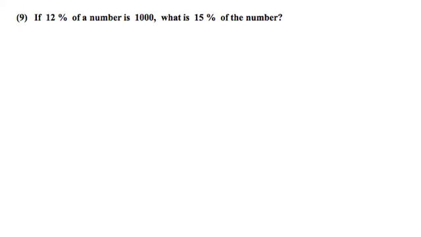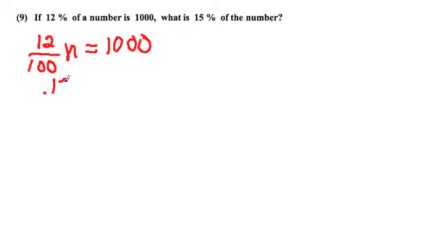We'll be doing percents under a separate topic, but you can treat percents as a fraction. If you just remember, it's 100 in the denominator. So 12/100 times some number is equal to 1,000, or 0.12.